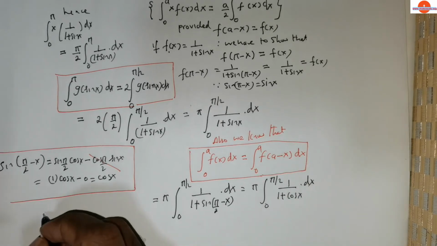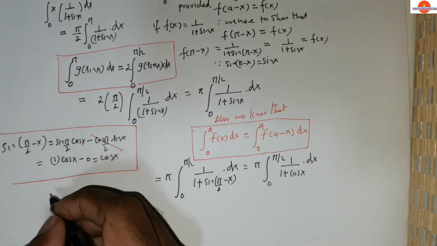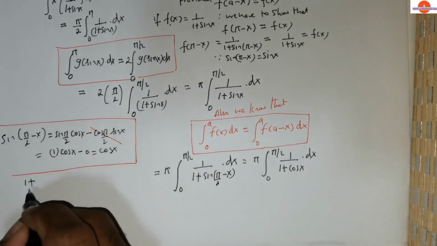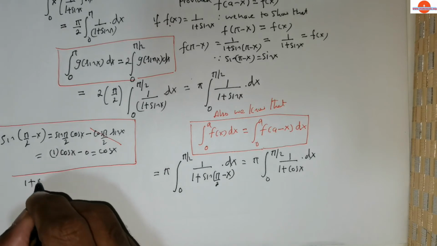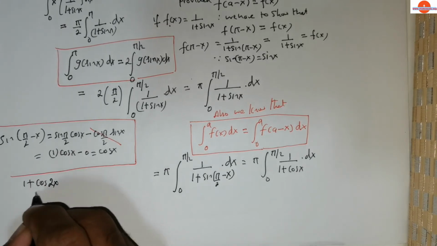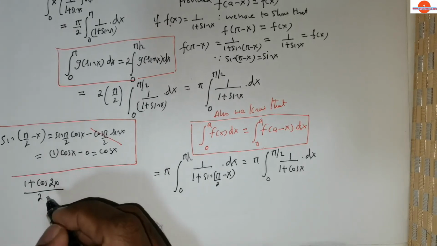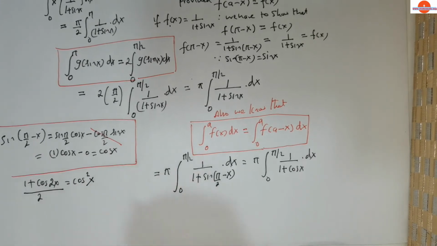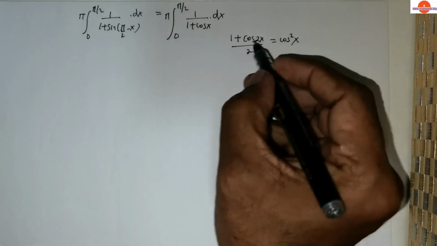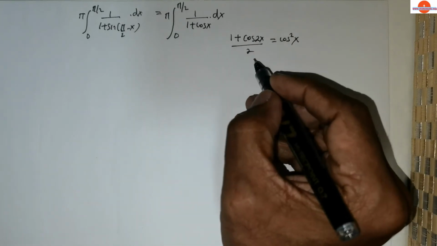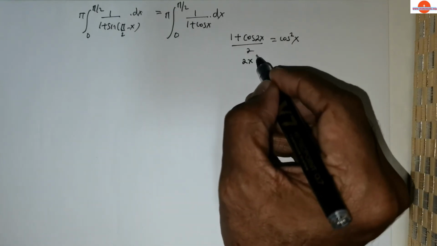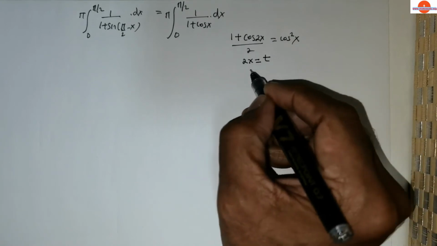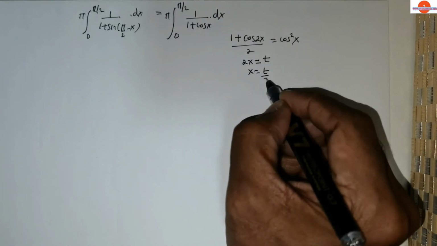times dx. Now, there is another result that we have to know, which is (1 plus cos 2x) divided by 2 is equal to cos squared x. This is an important result. Now, we have 1 plus cos x here. So, if I were to take 2x equal to some t, then x will be equal to t divided by 2.